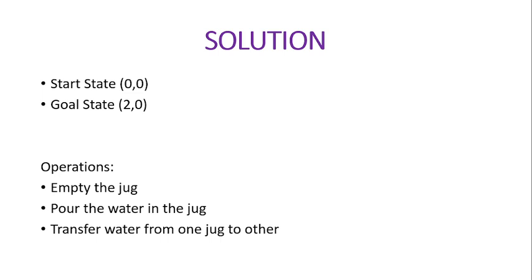And the third one is we can transfer the water from one jug to the other jug. So these are the three possible operations we can do to achieve the final goal state. I repeat: we can empty the jug, we can pour water into the jug, and we can transfer the water from one jug to the other jug.